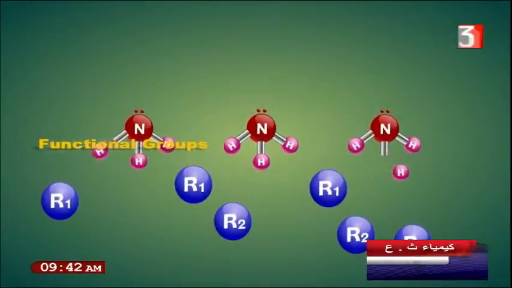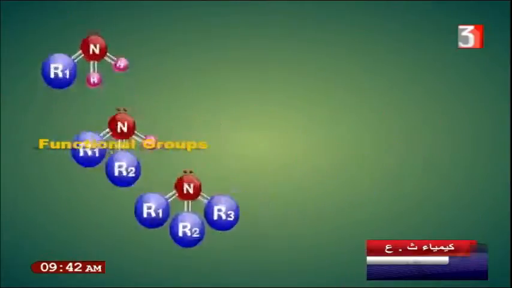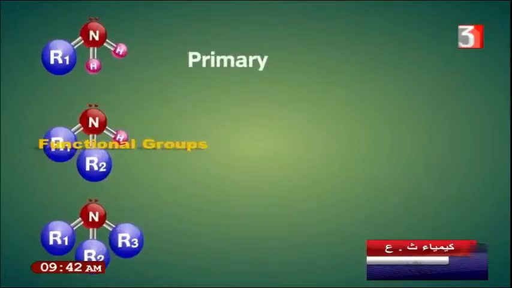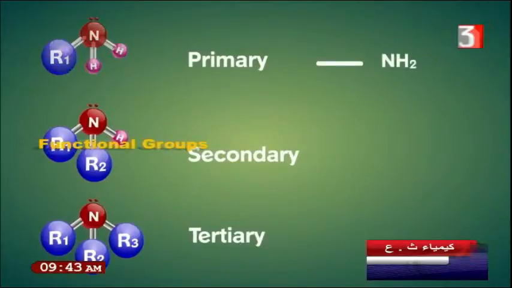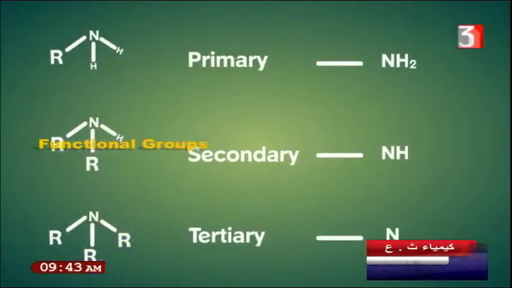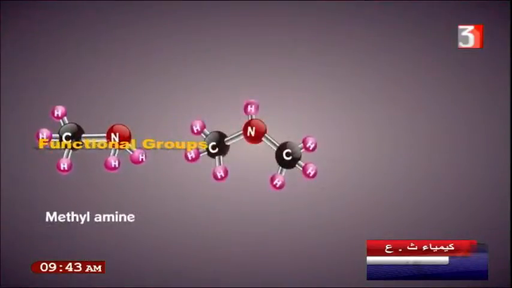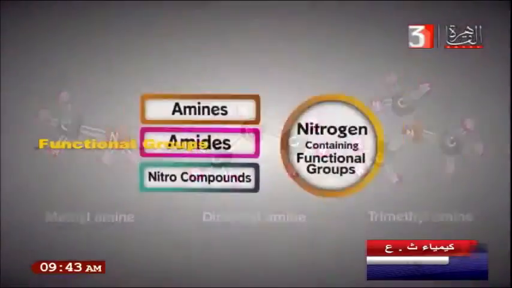NH3 here is connected by three alkyl groups, giving N R1, R2, R3: primary, secondary, or tertiary amine. You see, this word amine goes back to N. NH2 is the main character. Secondary, NH. Tertiary, N only. Now I have CH3NH2, methylamine, dimethylamine, and so on.